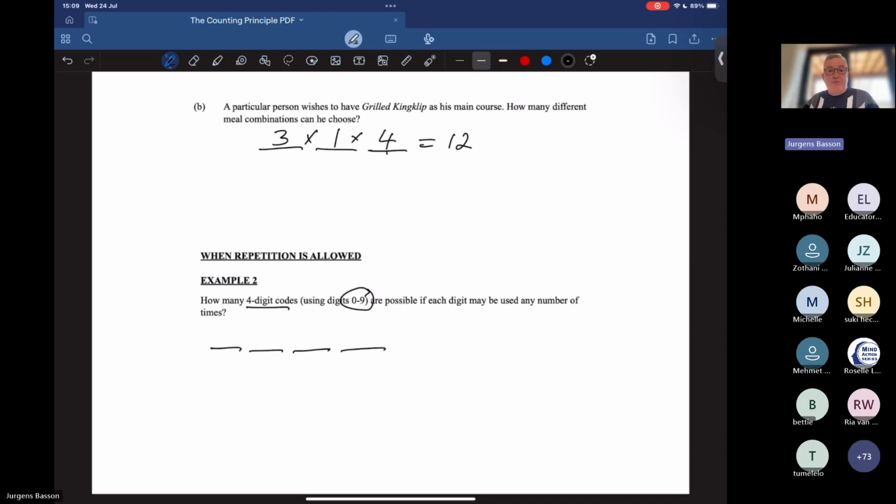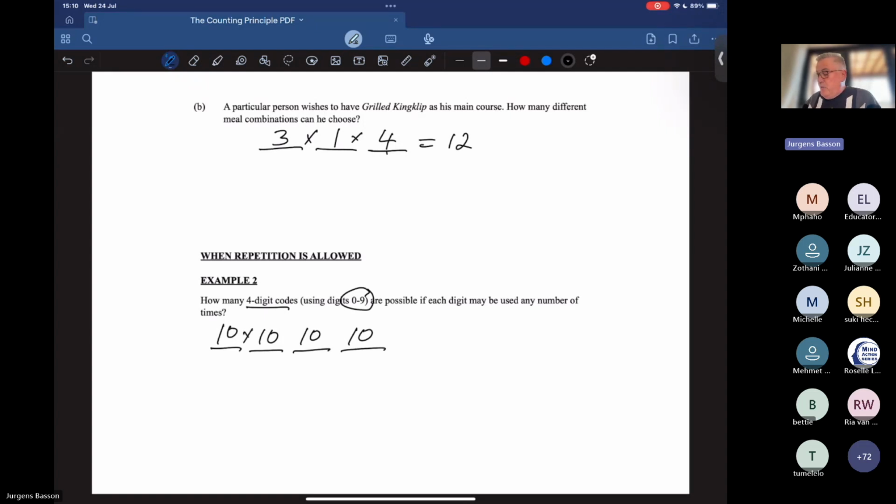They may repeat. So if I do the first task, I think you will all agree I can do it 10 different ways. And because repetition is allowed, that means if the digit in the first position is 5, I can get 5 again. So that means this is also 10, this is also 10, and this is also 10. And that is what you normally get if repetition is allowed.